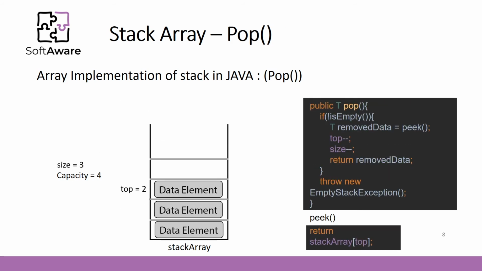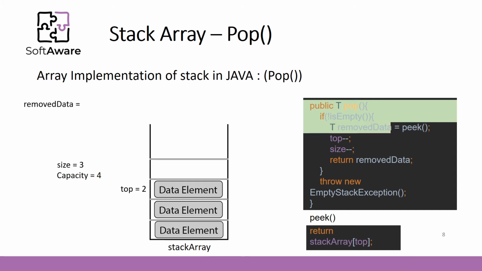In the following slide, we will have a look at how the pop method is implemented in the stack array. We know that we can only pop if we have data in the array. So, if our stack array is not empty, we do the following. We create a local variable of removed data to know and return what data we have deleted in our stack. We know that the data which will be deleted will be equal to the data that the peek method returns.